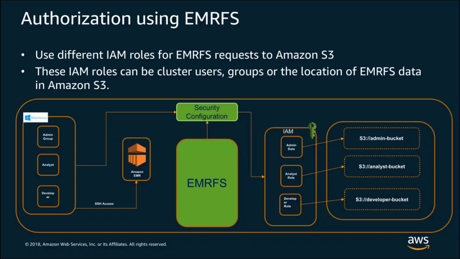With EMRFS authorization, you can now specify an IAM role to assume when a user or group uses EMRFS to access the objects in S3. What it essentially means is that your users and groups in your Active Directory can be mapped to a corresponding IAM role on the AWS platform, which gives them access to specific S3 buckets or specific S3 prefixes.